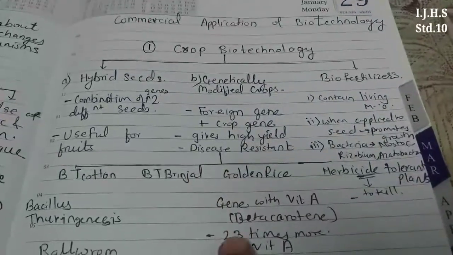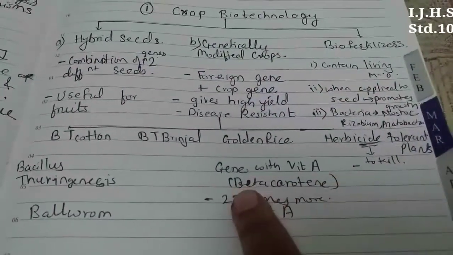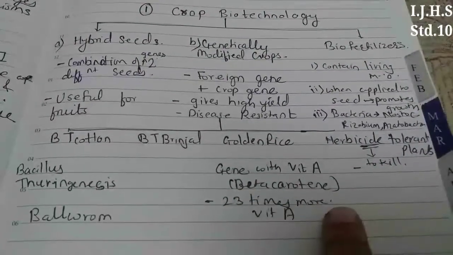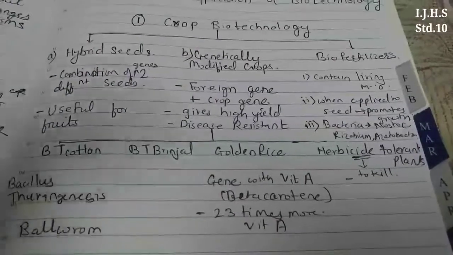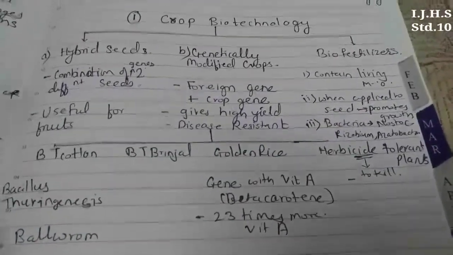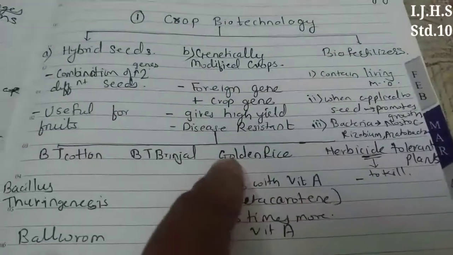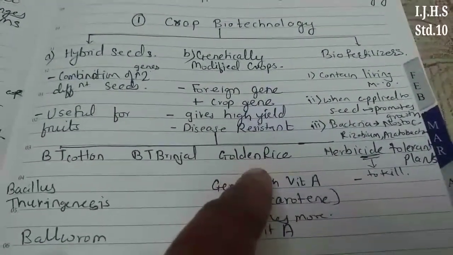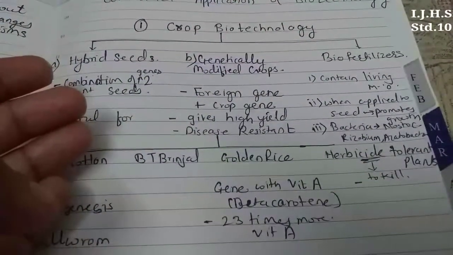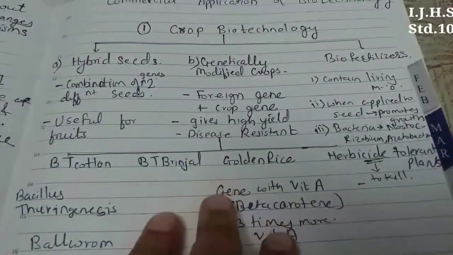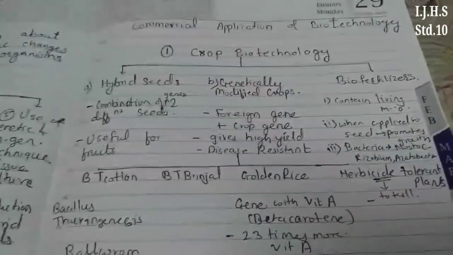Because it is enriched with vitamin A. It contains beta carotene, which is 23 times better than the regular rice which we eat every day. So that is called golden rice. This golden rice is produced by hybridization to make a good variety of rice which is enriched in vitamin A.